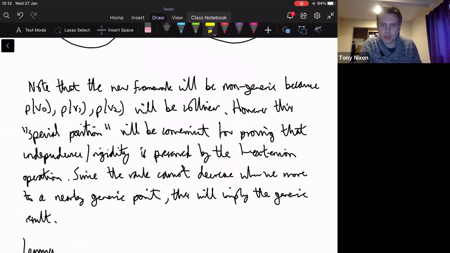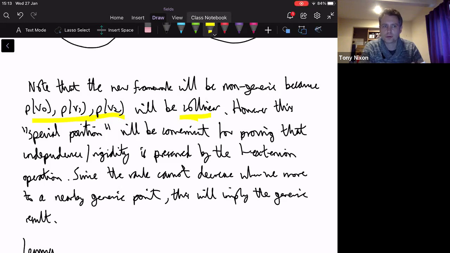So, I've just said this, but the new framework will be non-generic because of this collinearity. This is okay because what we're going to do is show that at this non-generic realization with these 3 vertices collinear, we add the maximum possible to the rank we could, and hence when we move to any nearby generic position or any generic position at all, the rank won't go down.